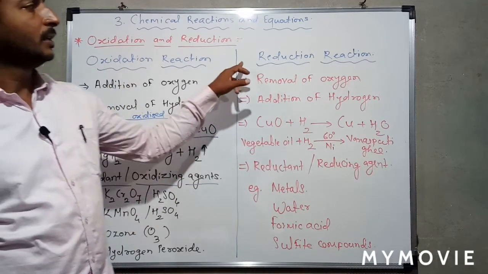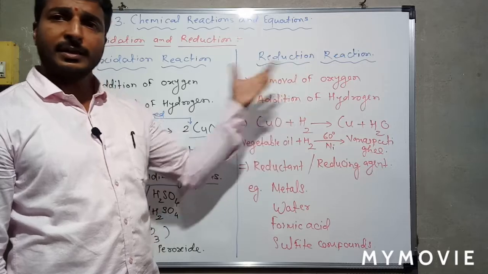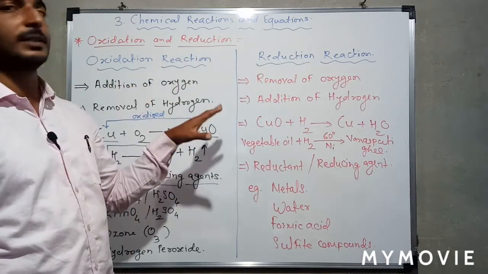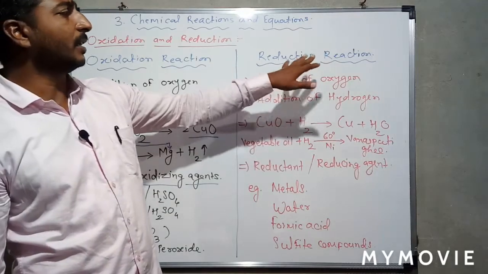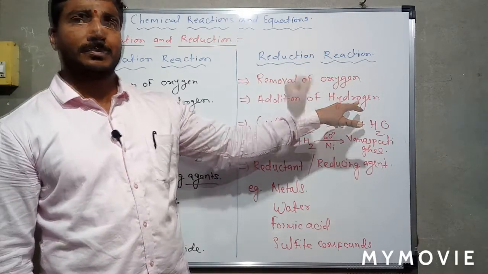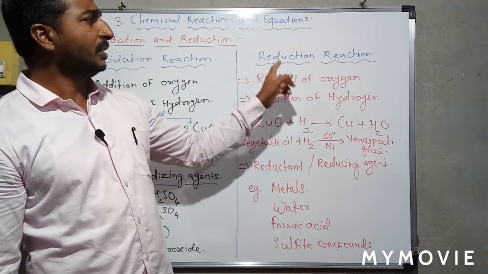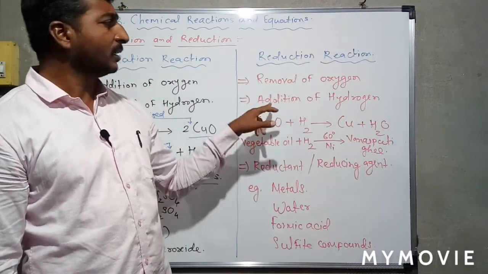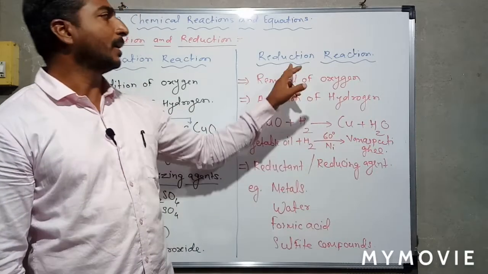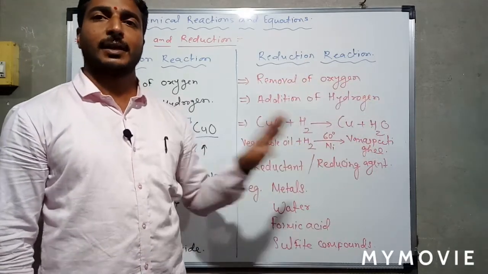Now let us check the reduction reaction. Reduction reaction, as I said, is exactly the opposite of oxidation reaction. In a reduction reaction, the reactant loses oxygen, or the reactant combines with hydrogen to form a new product. Such a type of reaction is called a reduction reaction.